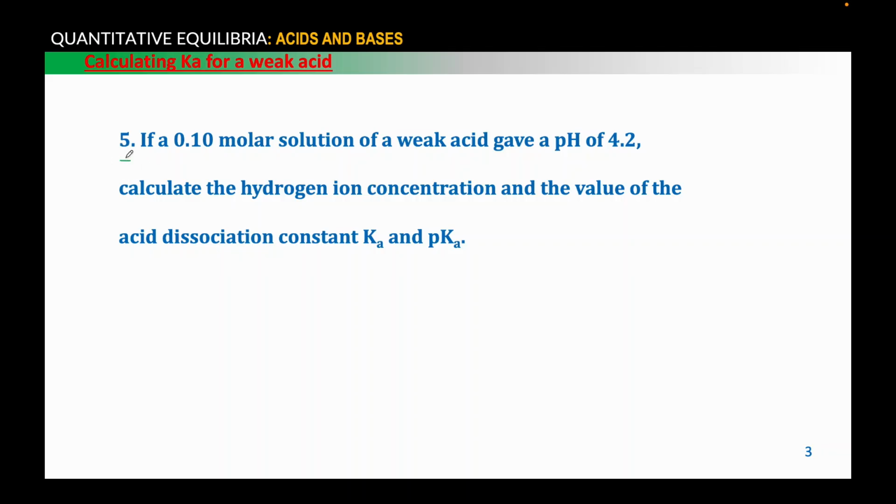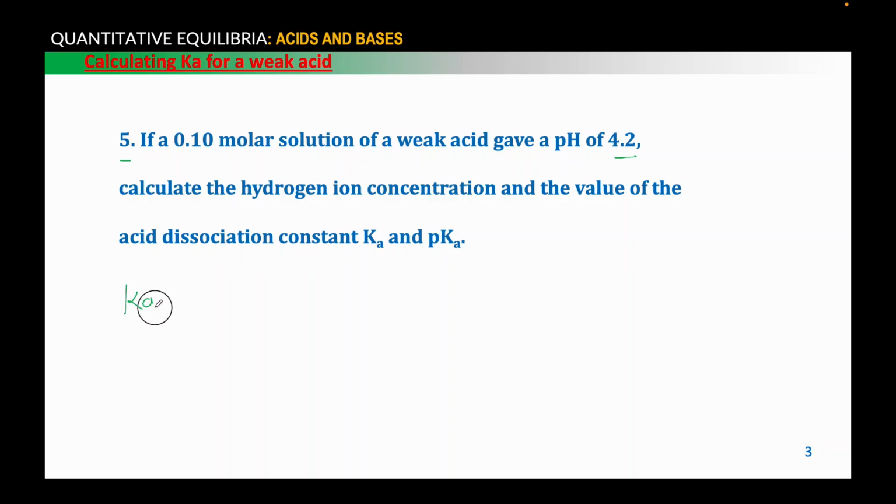Next problem: if 0.1 molar solution of weak acid gave pH 4.2, calculate the hydrogen ion concentration and the value of acid dissociation constant and pKa. Again same problem, students, because for any weak acid you can take this formula.